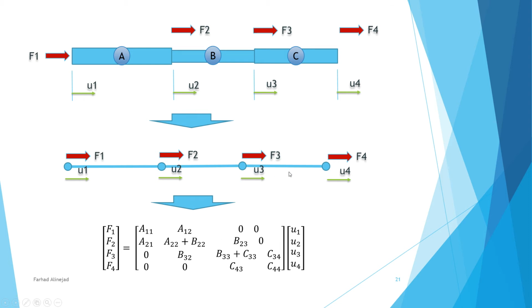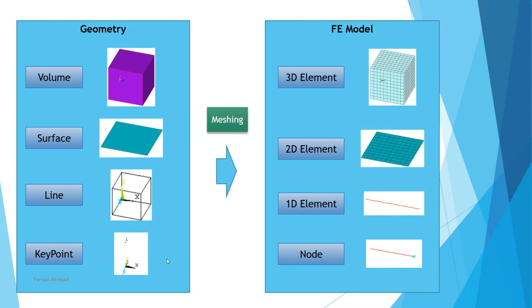You may notice that if the number of elements is increased, the size of this matrix is increased. So the number of elements is related to the size of the matrix equation that is going to be solved, and it will affect the calculation time of our machine.